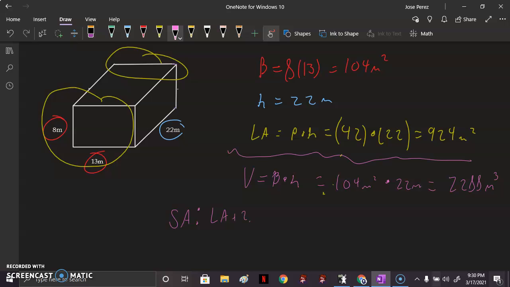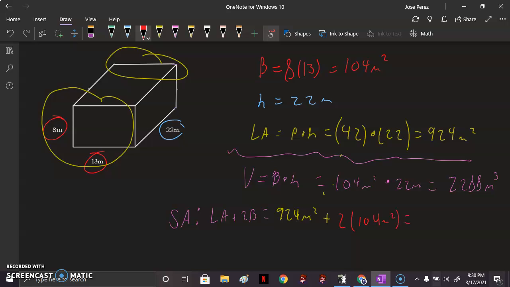And after this, we're going to try to figure out the SA, the surface area, which is LA plus 2B. And it would be the LA, we have it right here, 924 meters squared plus 2 times B, 2 times the base, so it'll be 2 times 104 meters squared.